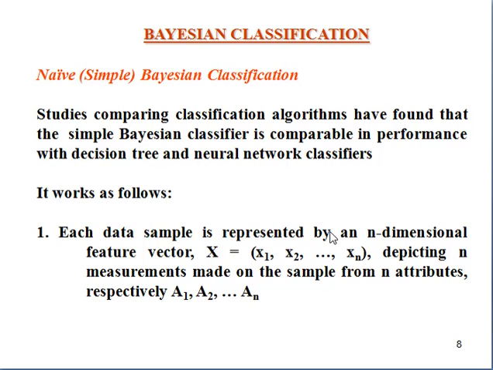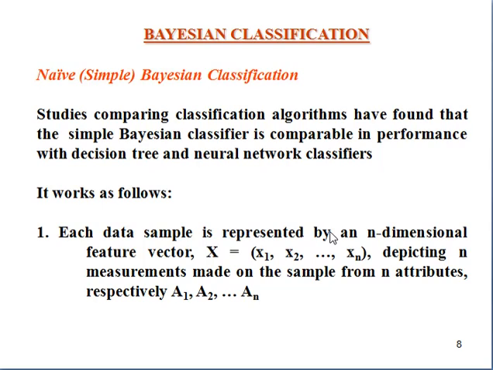Now let's come back to our classification domain, which we are trying to solve with Bayesian theorem. Bayesian theorem is the basis of Bayesian classification, and studies comparing classification algorithms have found that the simple Bayesian classifier is comparable in performance with decision tree and neural network classifiers.